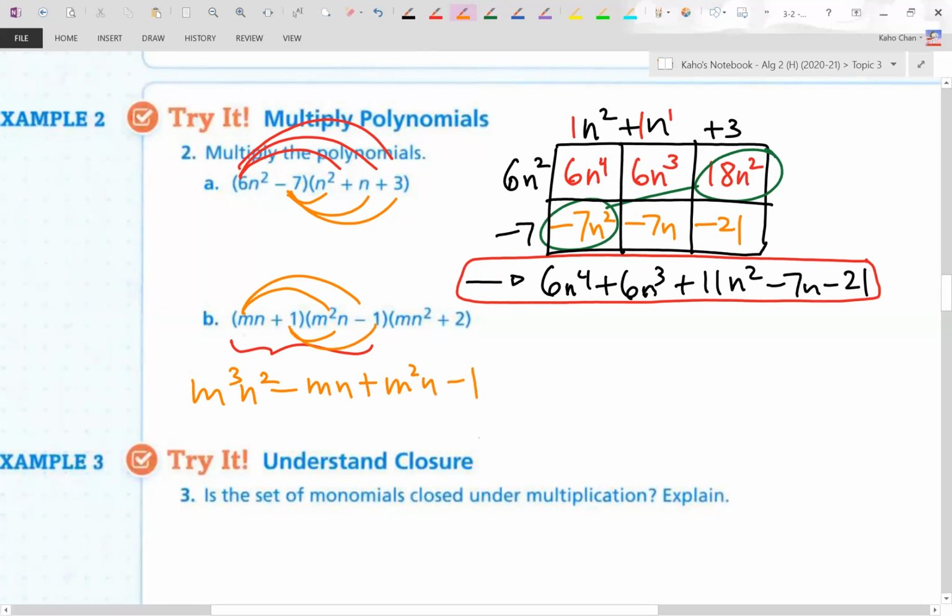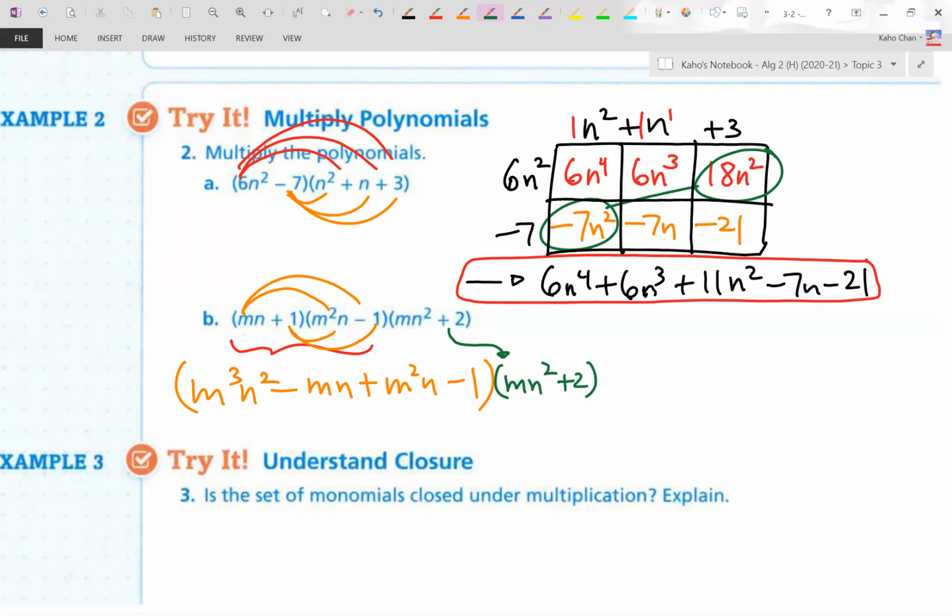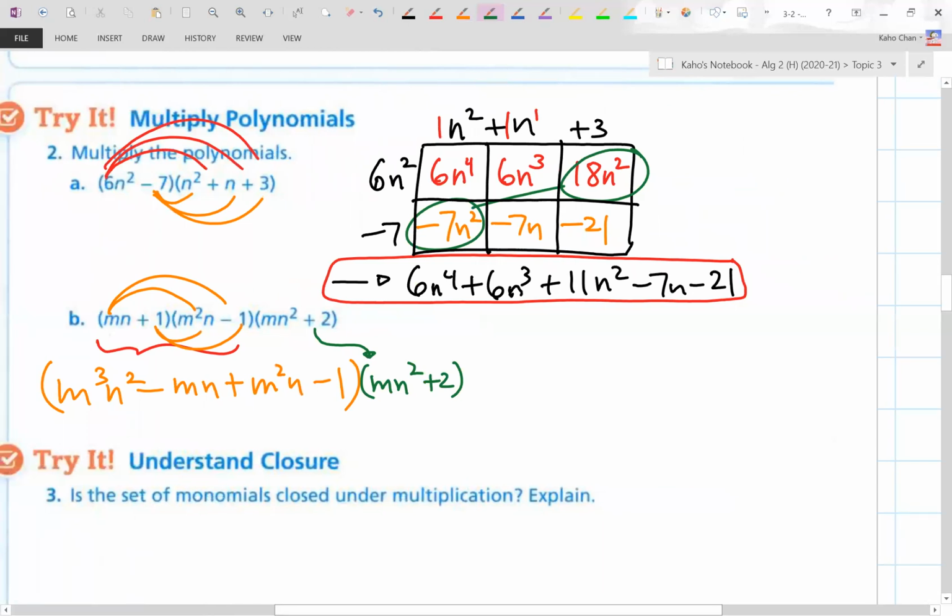Great. Looks like none of those can be combined together. I'm going to go ahead and bring this binomial down. Ooh, this is a lot of m and n's. I'm going to go ahead and throw this into a box. It looks like a 4x2, or I'm going to just switch the 4x2 into a 2x4 because of space allotment here.